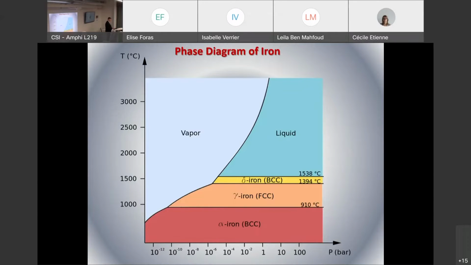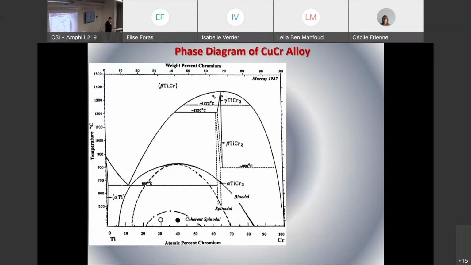So there are more complex phase diagrams. For example, this phase diagram for iron represents its different crystal structures, body-centered cubic, face-centered cubic, and so on, and the vapor phase. But the kinetics of phase transition can still be studied here under the assumption of equilibrium. But there are more complicated cases.